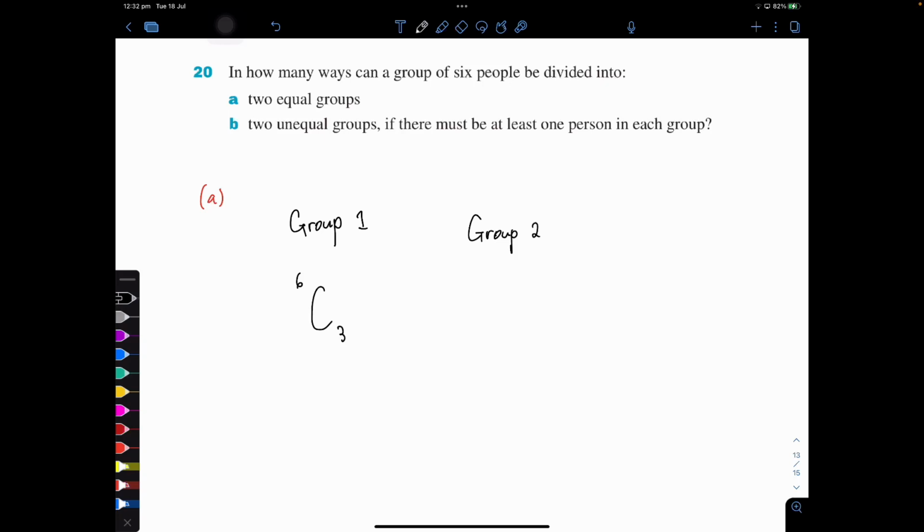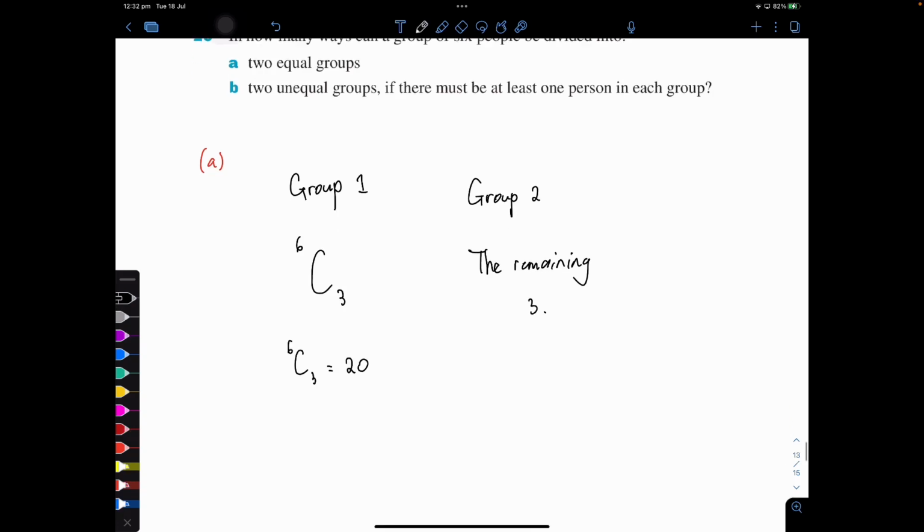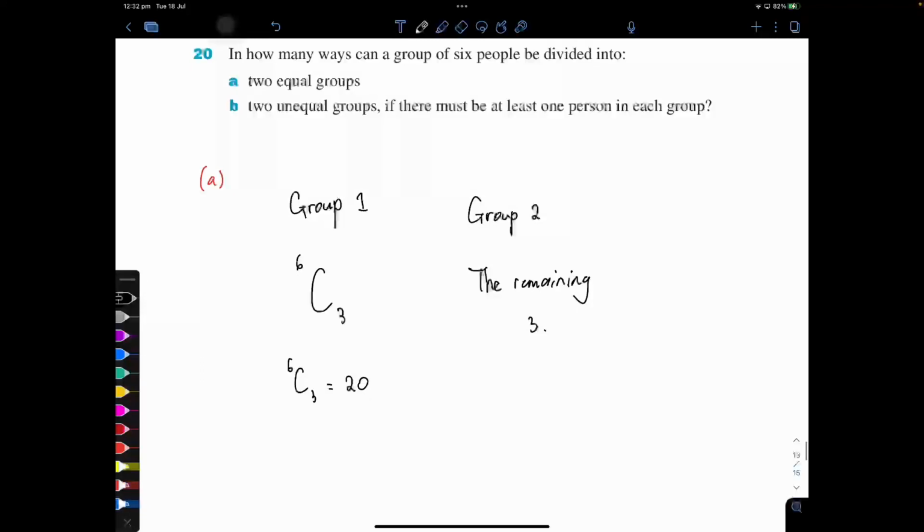So, the remaining 3 go into group 2? Mm-hmm. And so you said 6 choose 3 is equal to 20. But let's say these 6 represent 6 different letters: A, B, C, D, E, F. A, B, C can be in the first group or the second one.